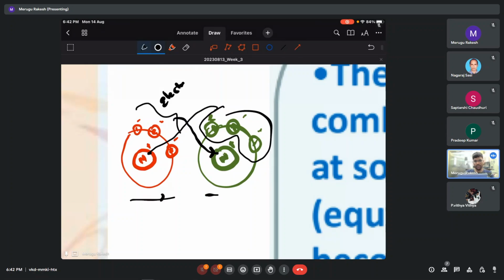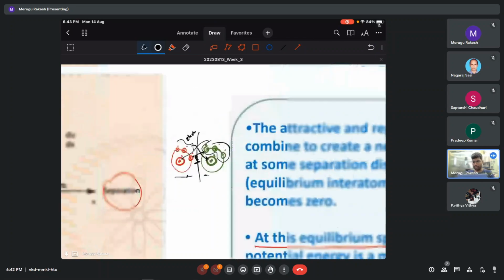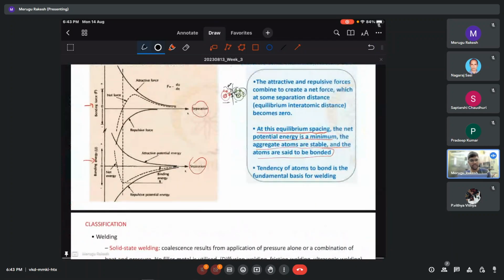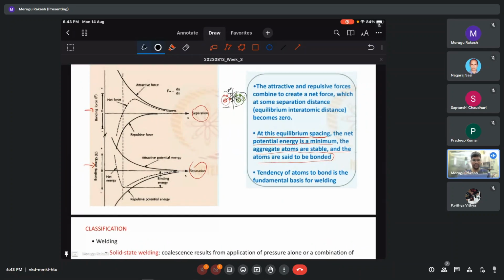But when they come close enough, these electrons will repel. So this is the repulsion and attraction forces, and they balance at a point called the equilibrium point, and then we say they are bonded. That is the basic understanding behind welding.